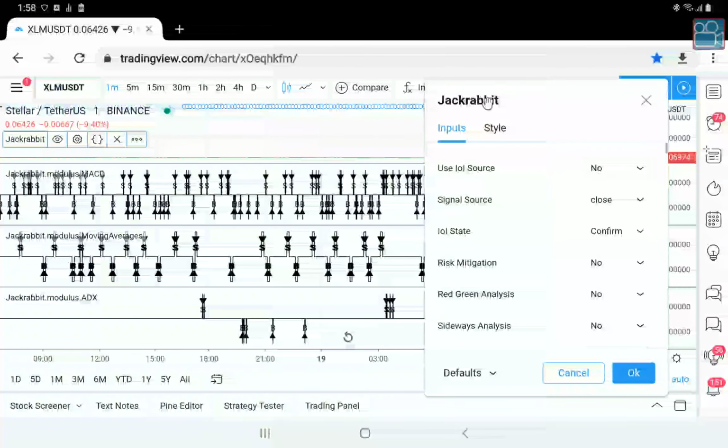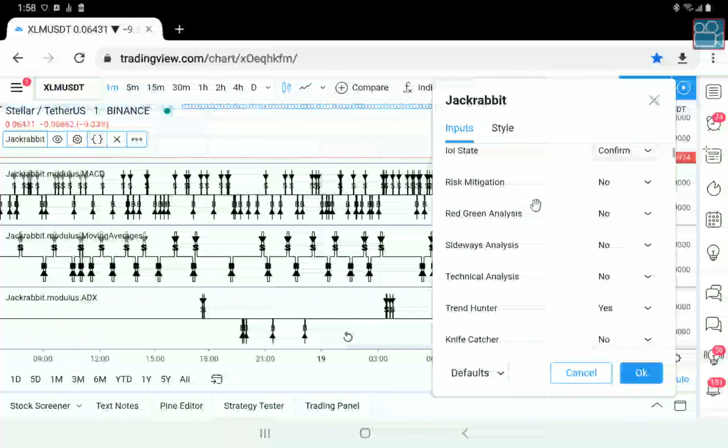Don't get caught up in the terms. Turning this on, turning this on, turning this on is no different than loading these three modules, except for the modules themselves, of course. You're familiar with indicator on indicator already.